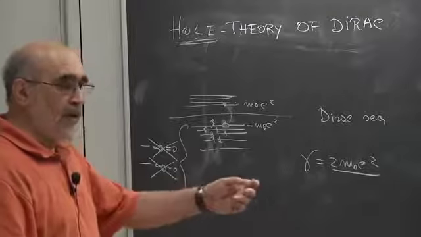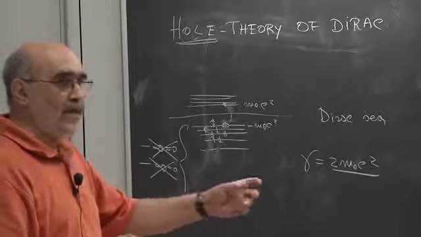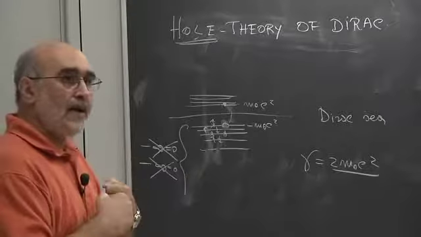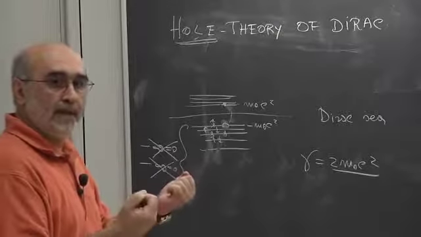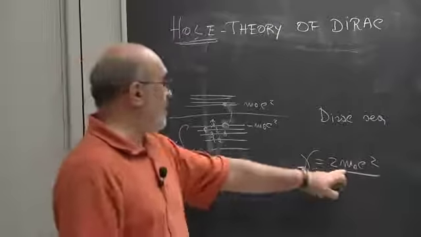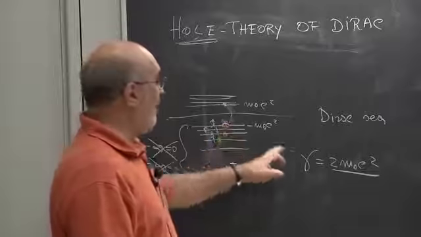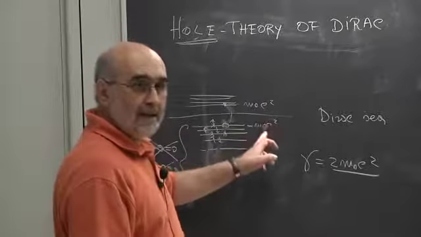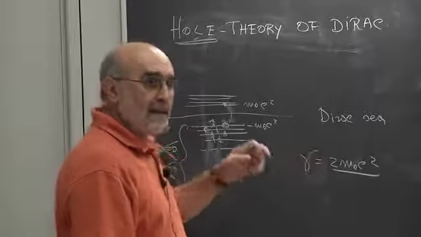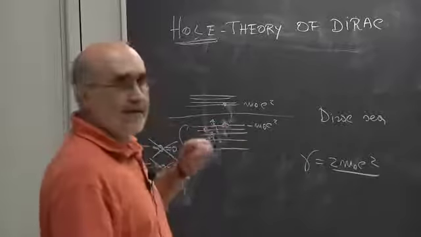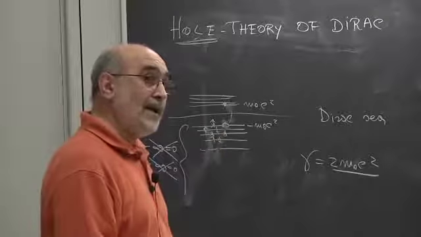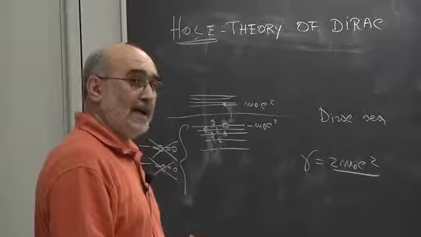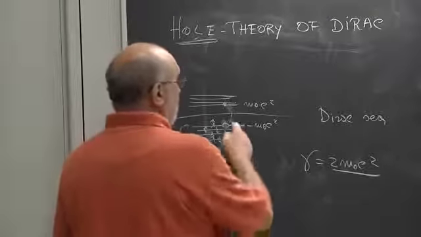But we also now have 2 objects whose total energy must be equal to the energy that is being absorbed. It means this object effectively has a mass like that one, okay? So this hole that is left there is actually a particle with positive charge. And this is what is called the antiparticle.